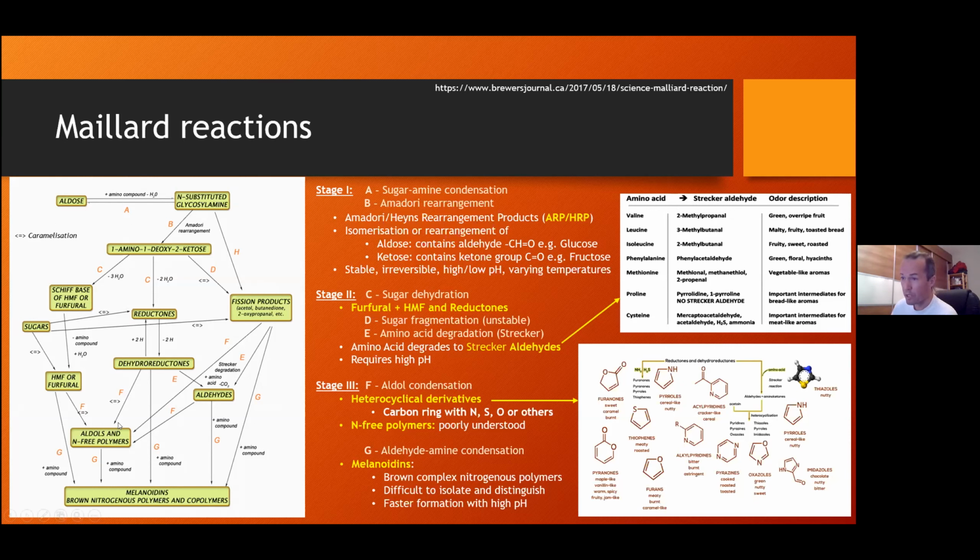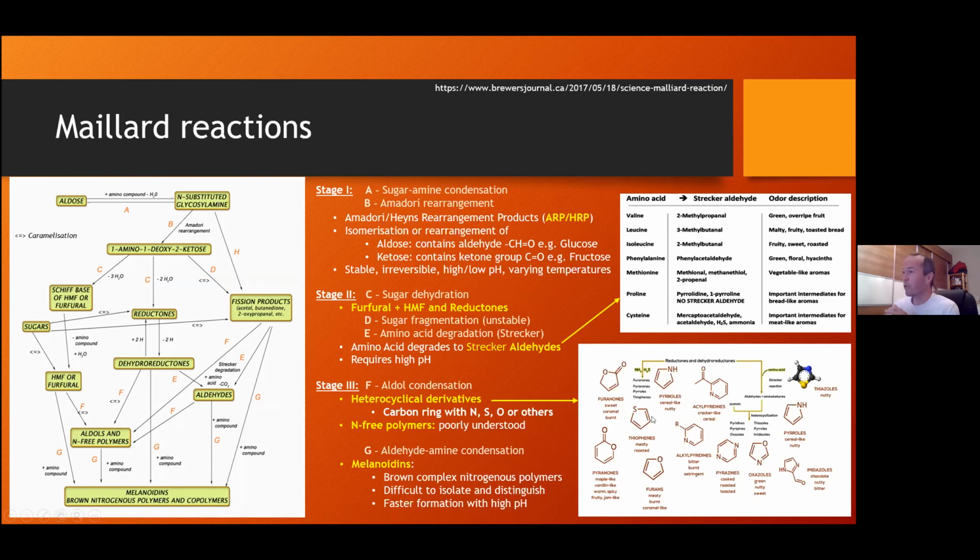When we get to the bottom here, it's called aldehydes and nitrogen-free polymers. And these are really badly understood. But one of the most common ones, not in the graph here, are called heterocyclical derivatives. And there's so many articles about this, it's actually quite bizarre. And these are actually a lot of your malt flavors you get from beer.